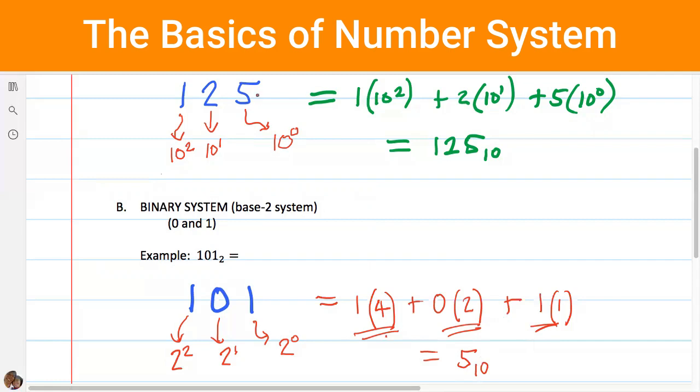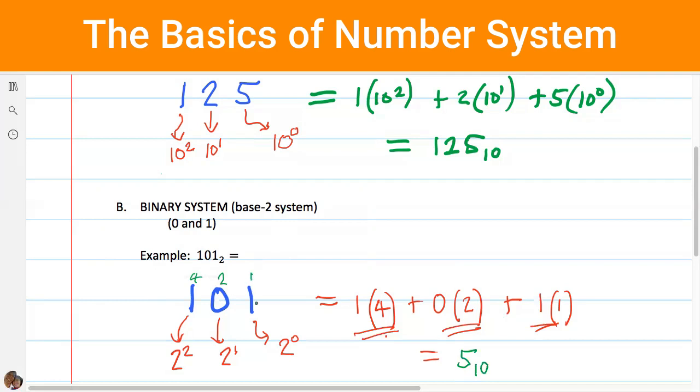So to make it simpler, we can multiply this by 1, multiply this by 2, multiply this by 4. If you have another number here, you multiply it by 8, multiply by 16, multiply by 32. That's how it works. For example, for 101, it's 1, 2, 4.